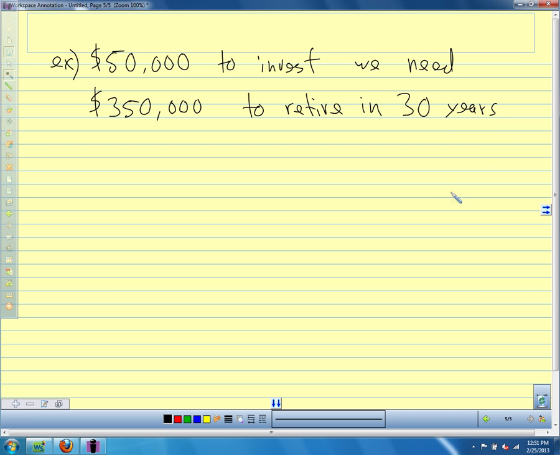We want to know if we put this in an account or an investment that's compounded continuously, what interest rate do we need?